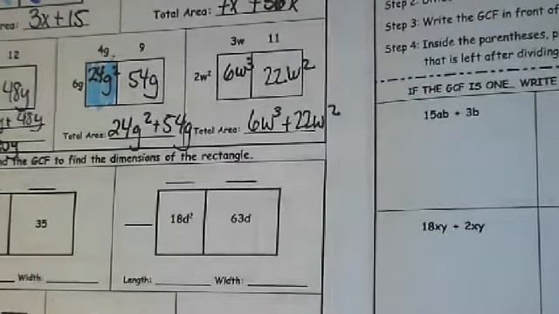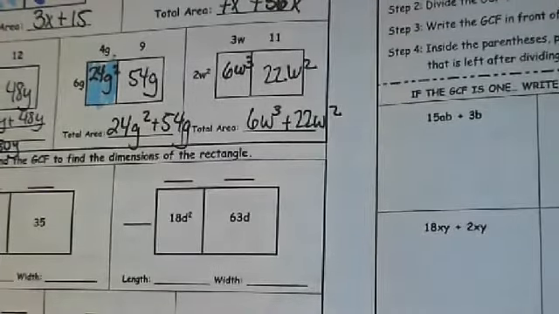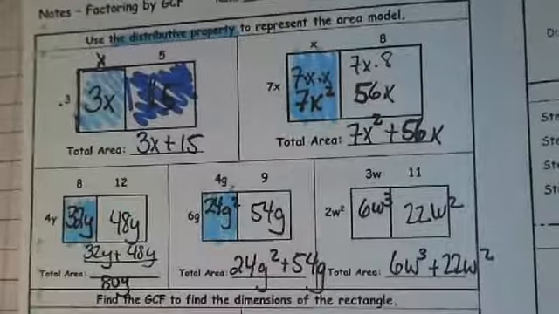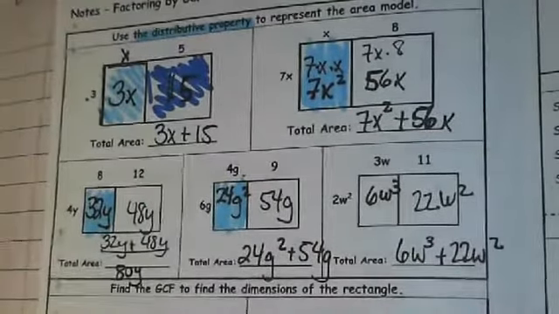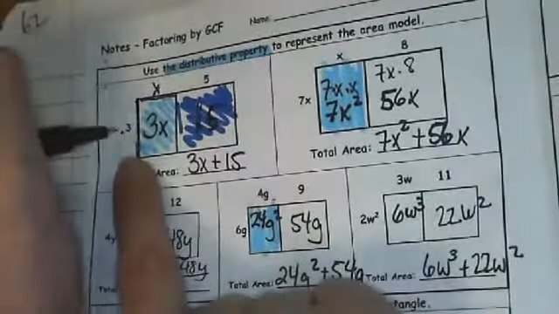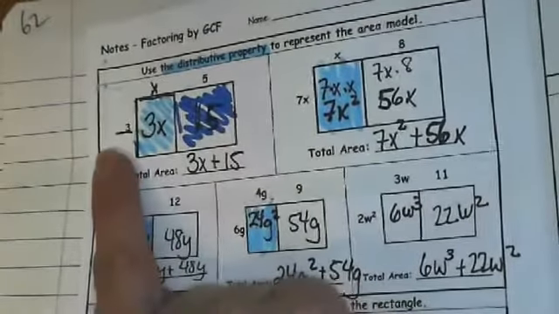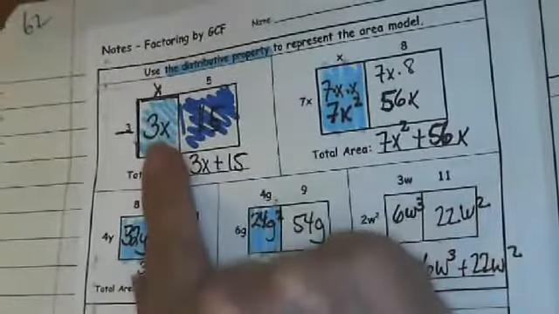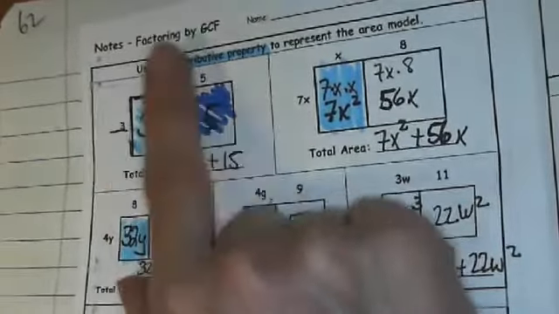Okay? So far we talked about how to find the area using the distributive property. Remember, the distributive property is whatever is outside the parentheses. I multiply the 3 times the x to get 3x, and then I multiply the 3 times the 5 to get 15.